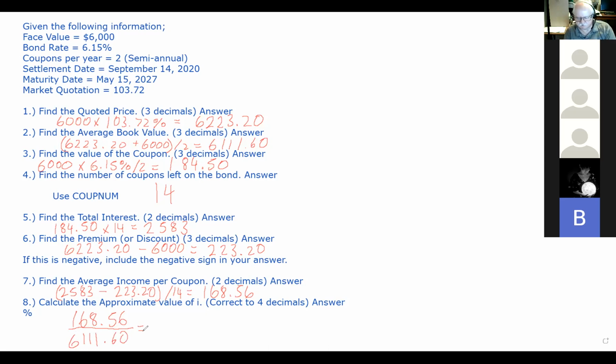See what that's equal to. 168.56 divided by 6111.6.